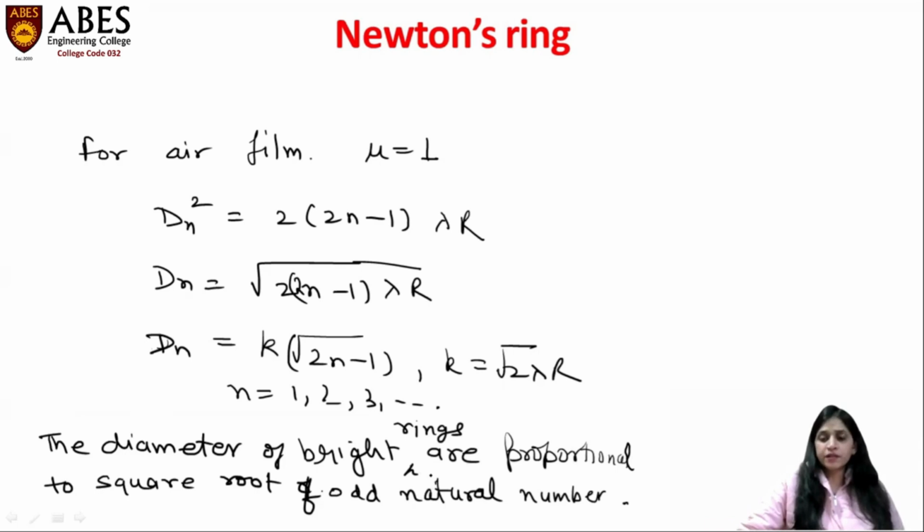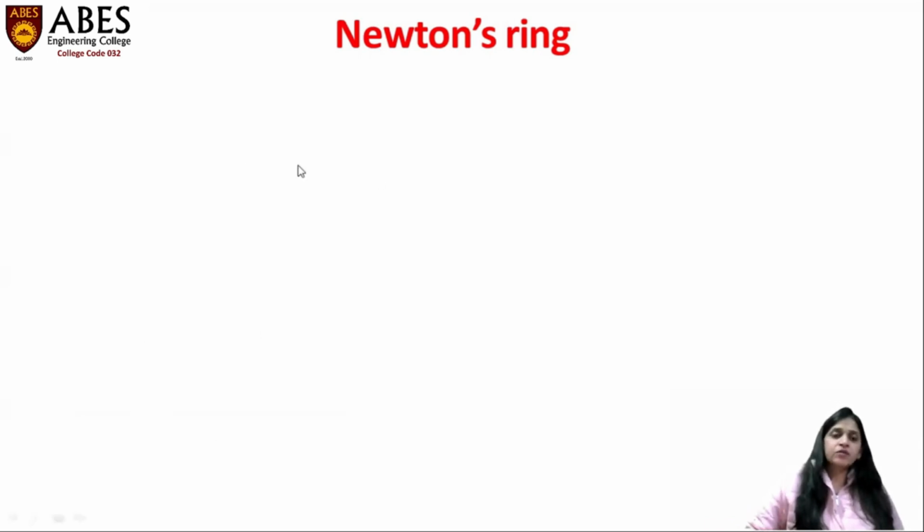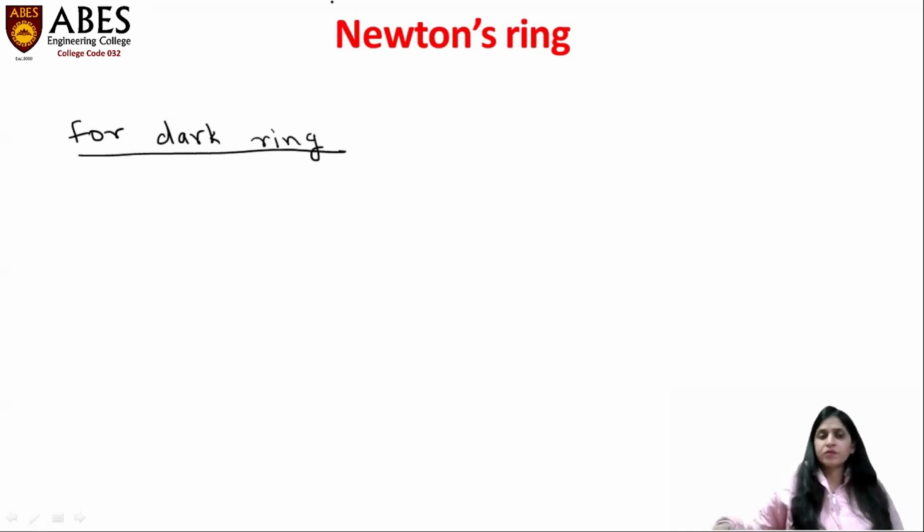Now in this lecture, we will be calculating the diameter for dark ring. So for dark ring, the thickness equation T, that is r square upon 2R, we have to put in the condition of minima.